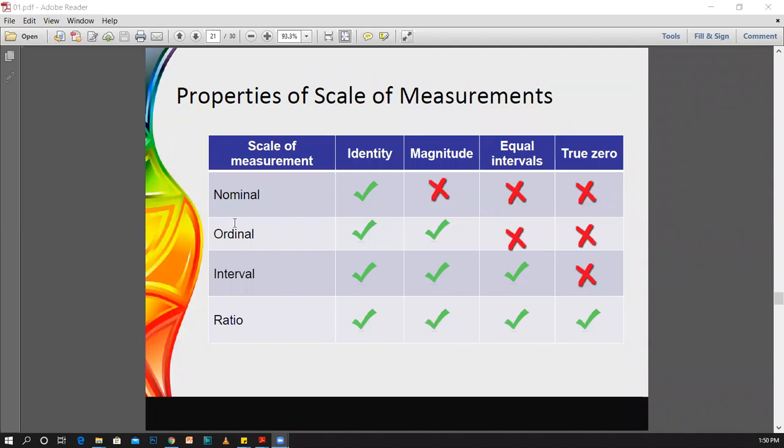For the ordinal, if you assign values for A plus and A, then the gap between those two may be just 5 points. But if you have A minus with A, then that gap would be around 10. Then if it is A minus and B plus, again it would be 8 or 9.